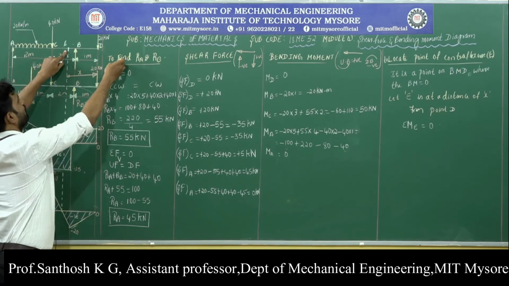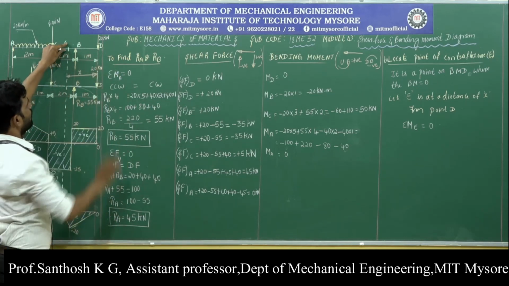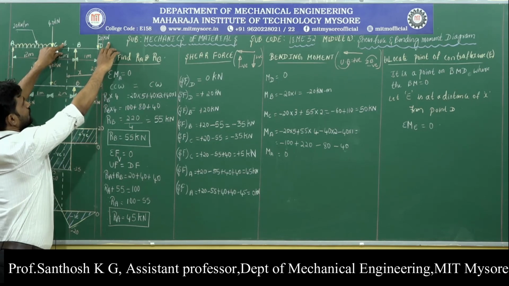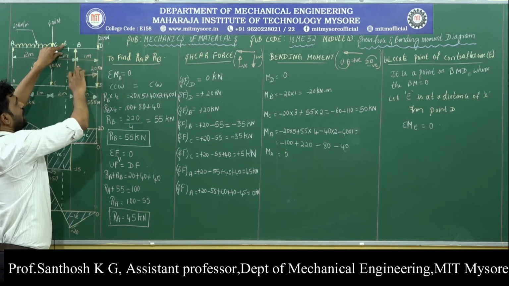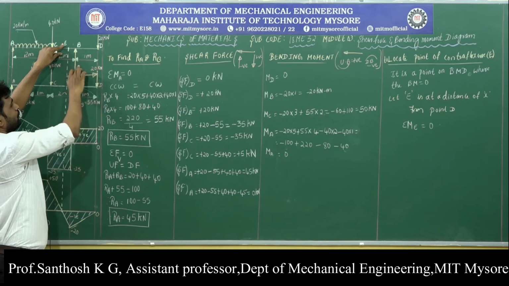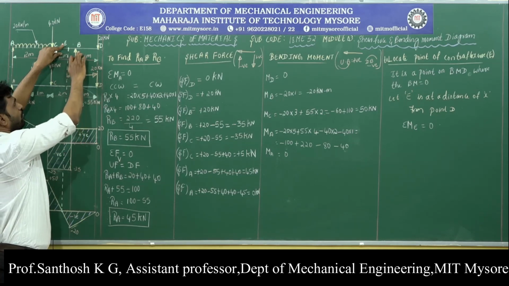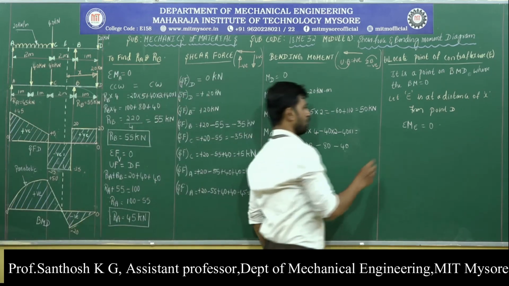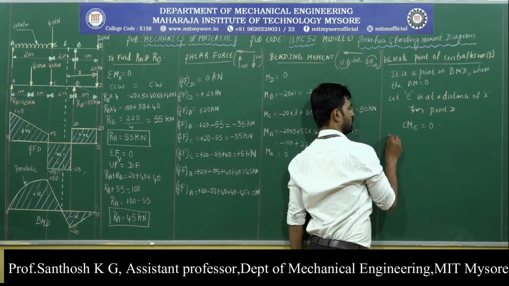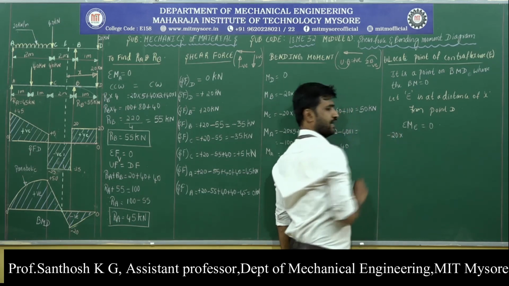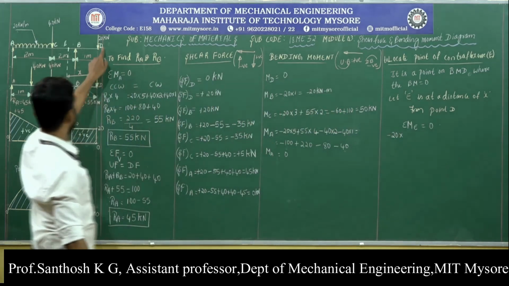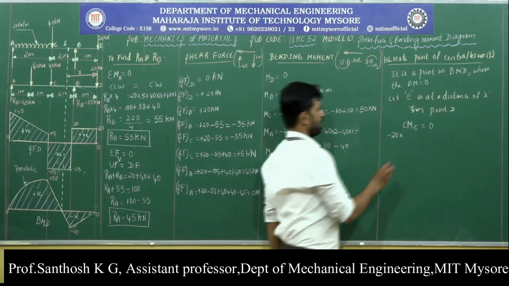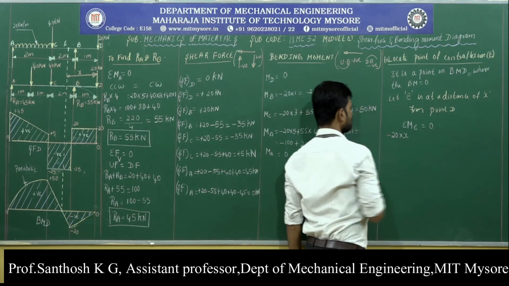Now while moving from right side to left side up to point E, we will be having two forces. The first force is 20 kilonewton downward force at D, and the second force is 55 kilonewton upward force at B. Due to the downward force of 20 kilonewton, we get a moment of magnitude minus 20 into the distance from point E, which is x.